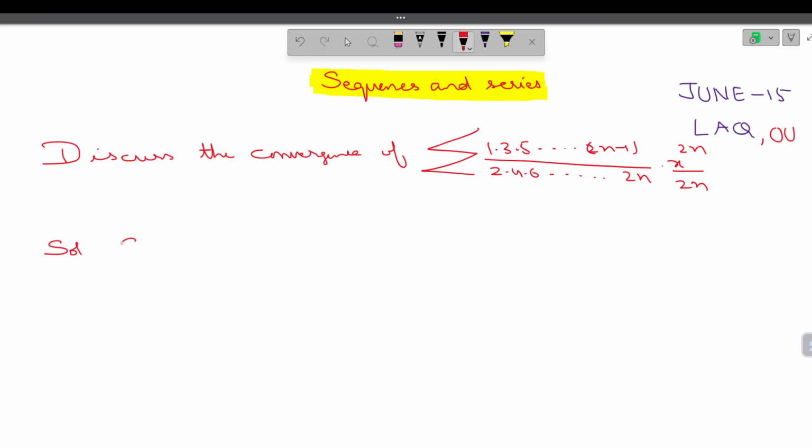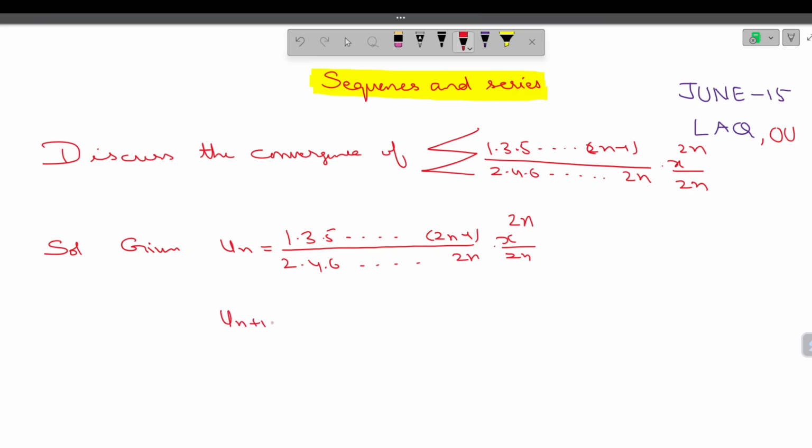So he has given, we don't have to worry for the nth term. The nth term is given: un = 1, 3, 5, and so on up to 2n minus 1, divided by 2, 4, 6, and so on up to 2n, times x to the power of 2n by 2n.